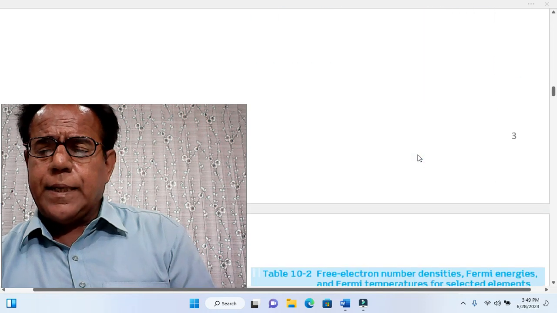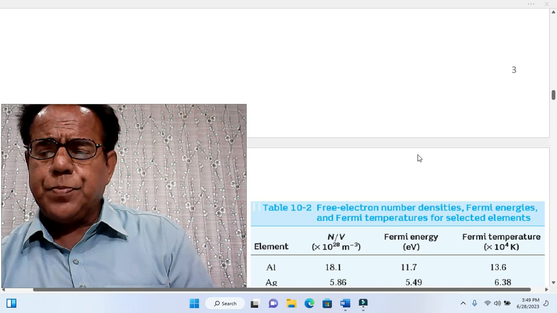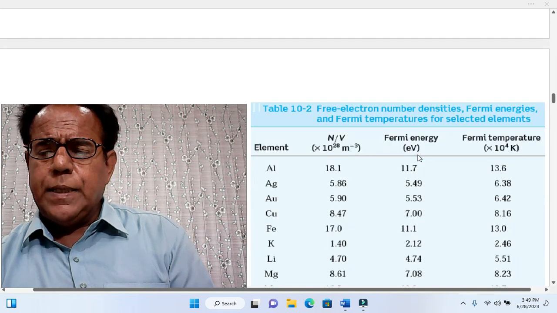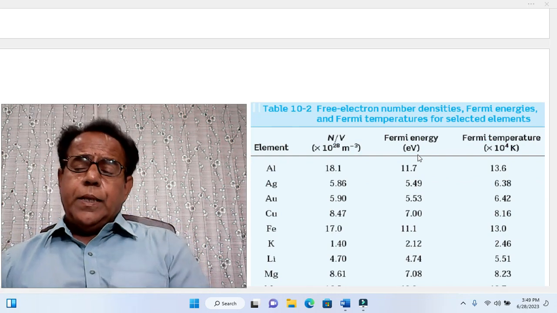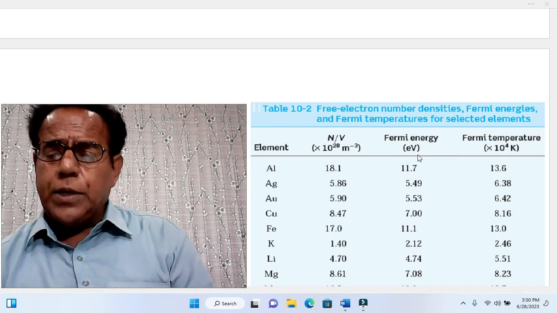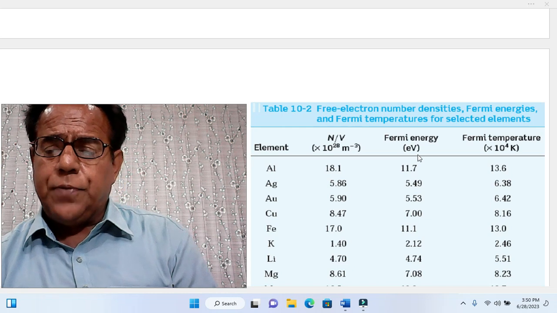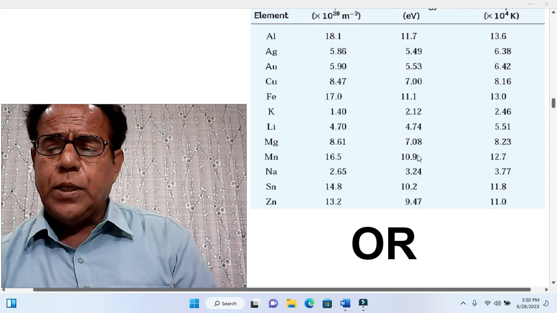In its alternate version, Fermi energy of silver is 5.49. Okay, 5.5 in the previous version, and in this version 5.49.